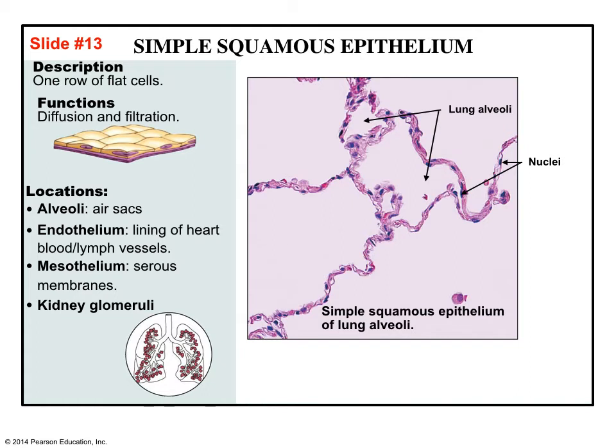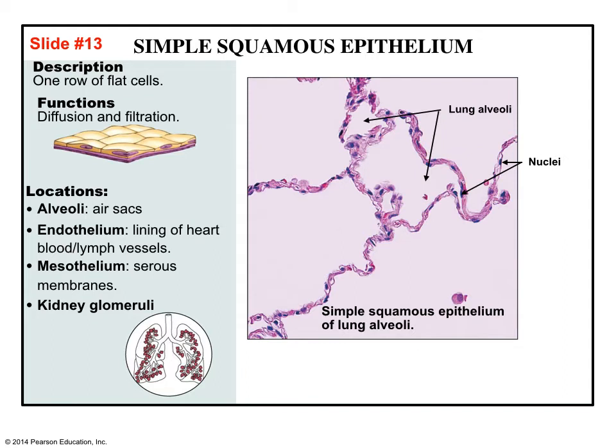Those are called alveoli. The lining of the heart, lining of blood and lymph vessels as the endothelium, and is a component of serous membranes as the mesothelium. Glomeruli of the kidneys are also simple squamous.